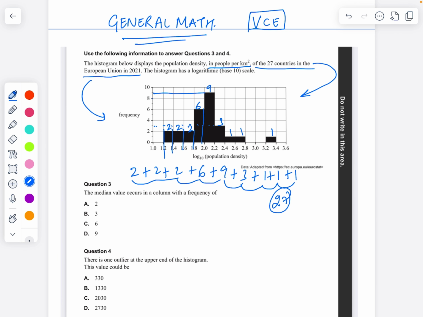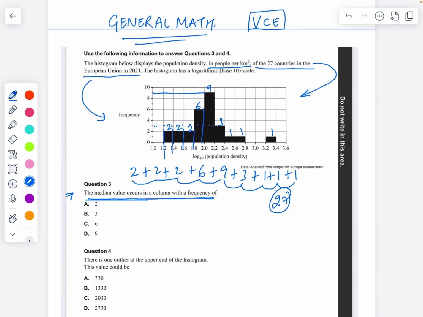Now we have been given this data of the people per kilometer square. What is the first question? Find the median value occurs in the column with the frequency of. So we need to find the median value. How do you find the median value?